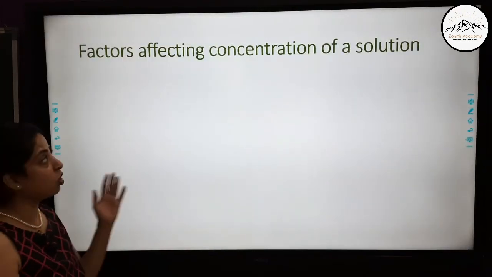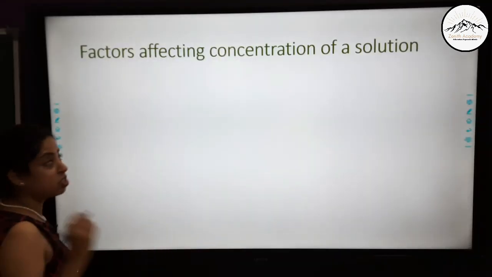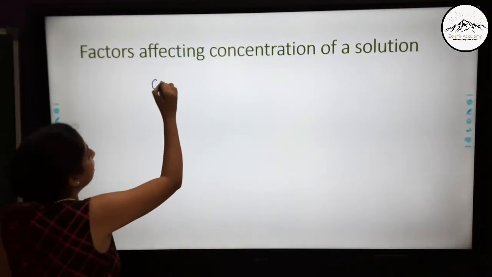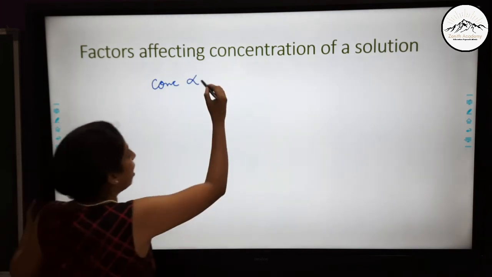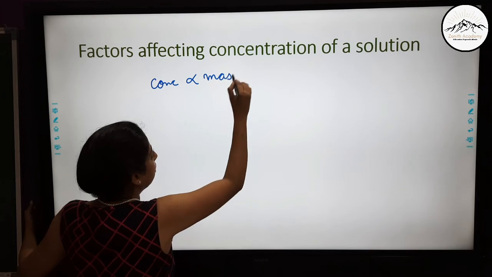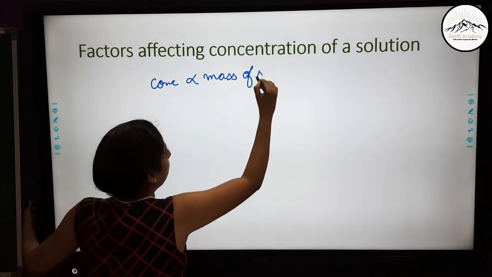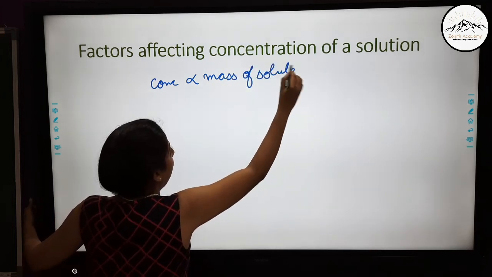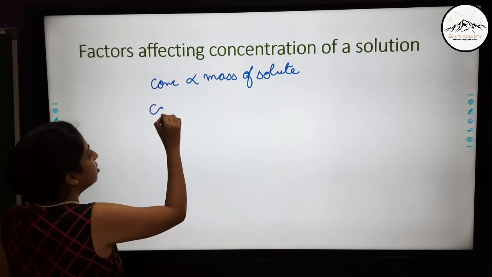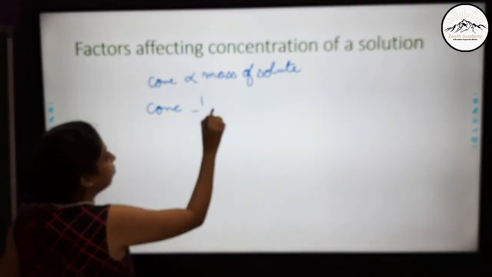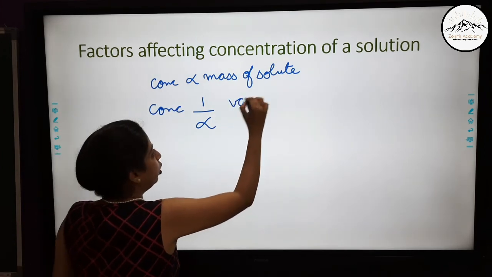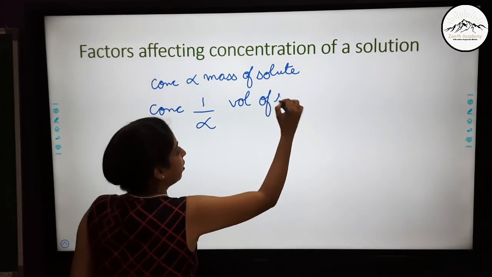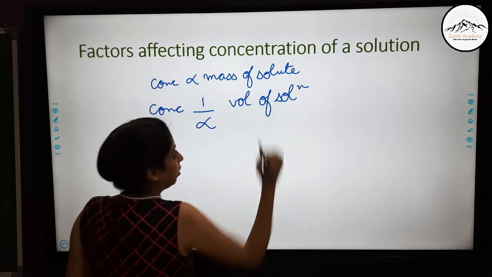Now let us see what are the factors affecting the concentration of solution. Just now we studied that concentration is directly proportional to mass of solute and inversely proportional to volume of solution, or we can say volume of solvent.